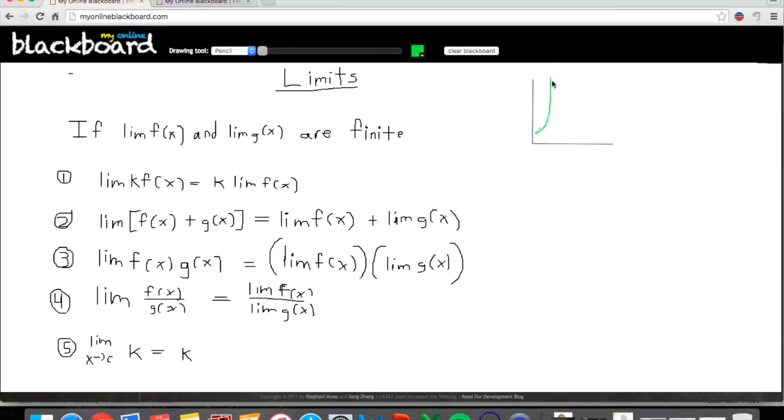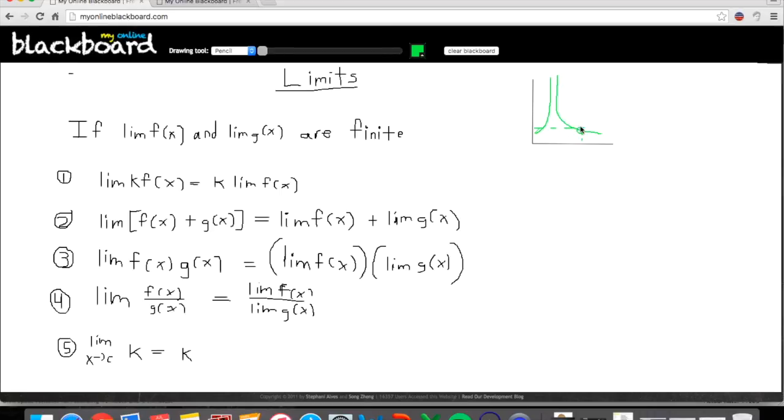It goes infinitely upward at this point here. However, on every other point, if I take the limit here, for example, this limit exists. It's a finite number. It's a number that we can quantify. And if you remember, infinity is not a quantifiable number, rather it's just a concept.